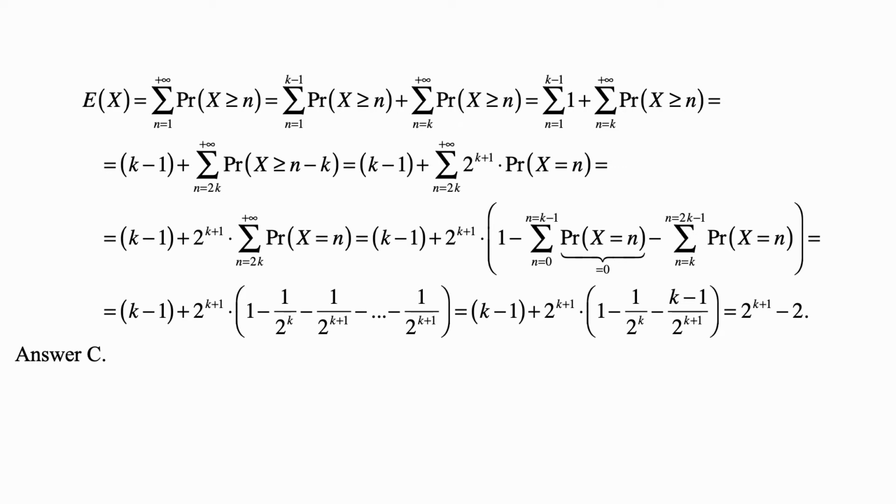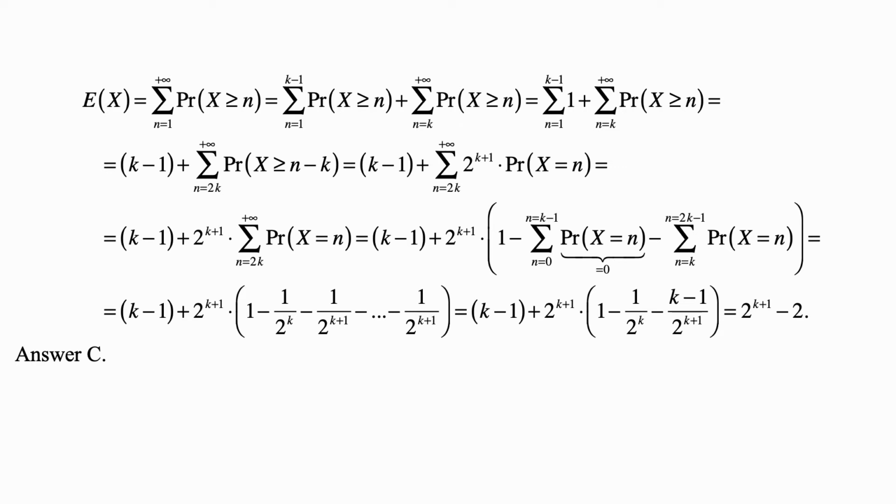For those first terms from n equal 1 to k minus 1, the probability that X is greater than or equal to n is equal to 1 because you can't have k consecutive results the same without having at least k tosses.